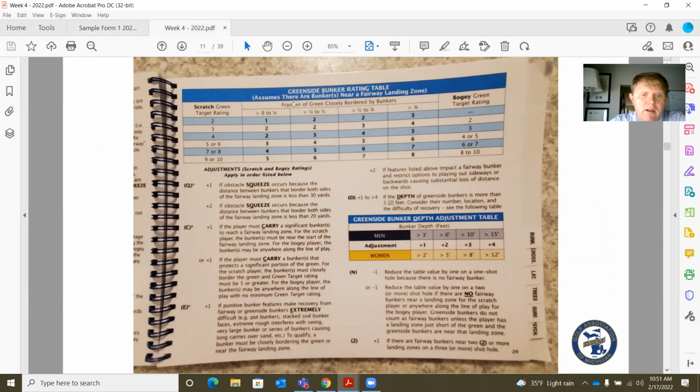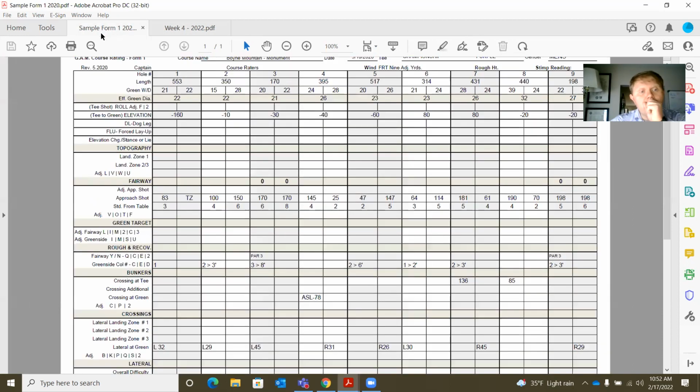And then we have in the middle here a fraction of the green that's closely bordered. The 0 to a quarter is number 1. A quarter to 1/2 is 2. A half to 3/4 is 3, and then greater than 3/4 is 4. So that number that you see on your Form 1 is telling you what column to look at when you're looking up your number.